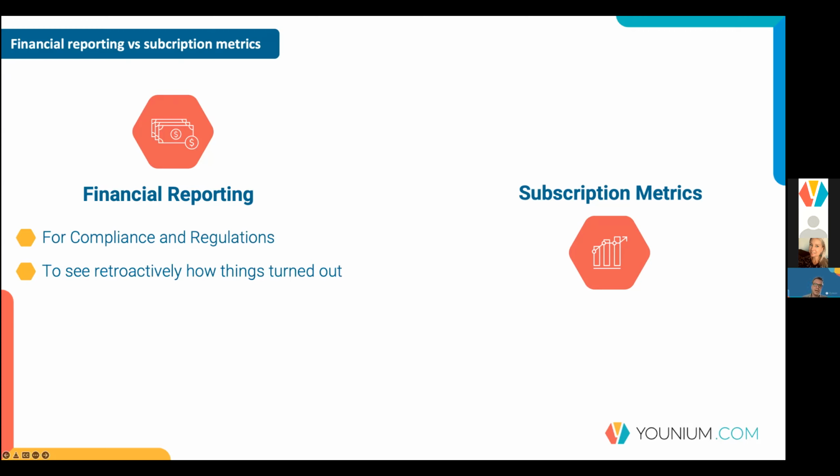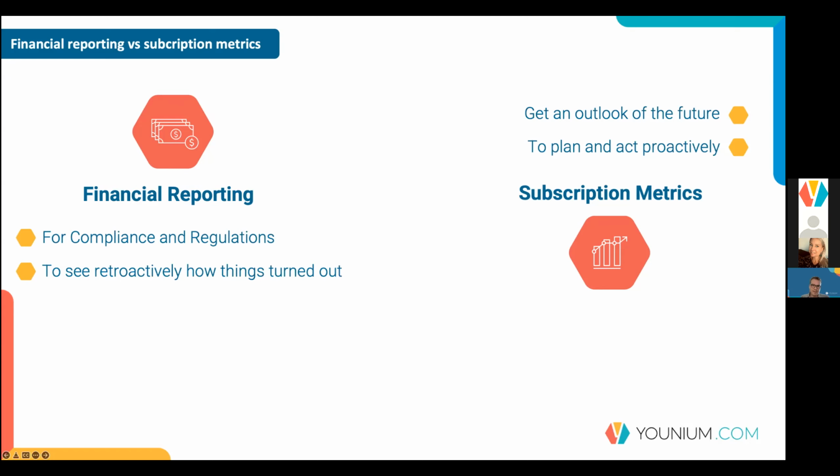And if we compare that to subscription metrics, the idea with subscription metrics is to get more of an outlook of the future, to see, maybe not retroactively in the past, but in the future, how things will maybe turn out, or what indications we can see, and basically to get a better understanding of how we can plan and act proactively according to what information we have about what the future might hold, right?